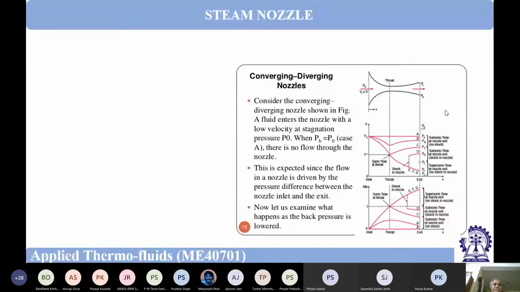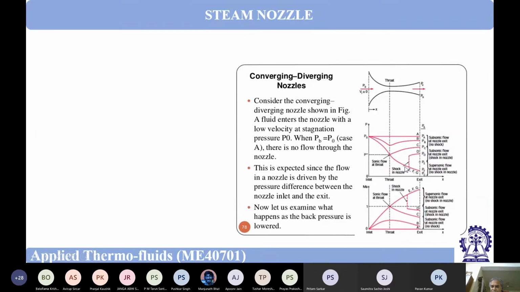So here a shock will take place, and immediately from supersonic flow to subsonic flow this transformation will take place, and after that the flow will be subsonic. So it is subsonic, sonic, supersonic, and then there is a shock, and then subsonic. It will go back to outside.